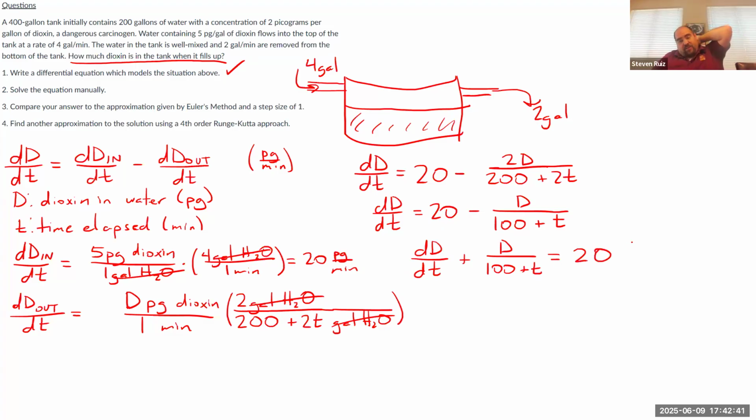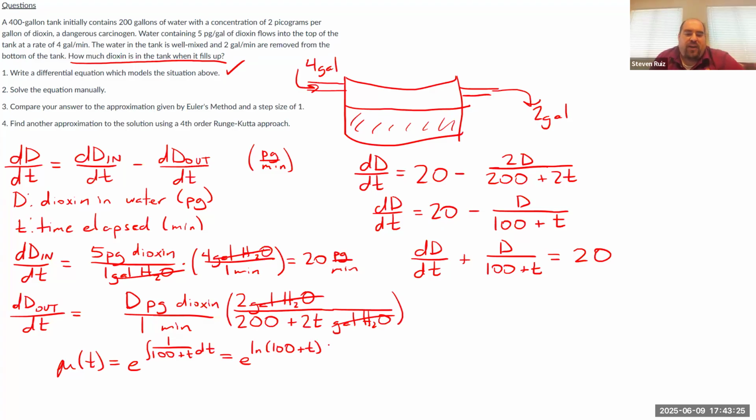So how do I find the integrating factor? I should have some function in t that's multiplied by D, which I do. My integrating factor, mu of t, is going to be equal to e to the integral of 1 over 100 plus t dt, which is equal to e to the natural log of 100 plus t.